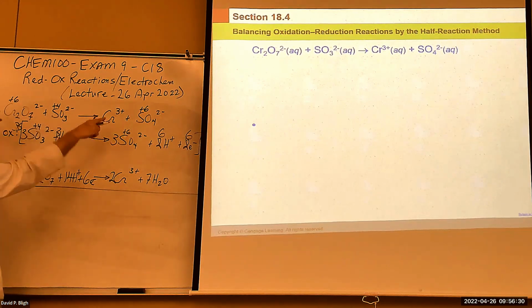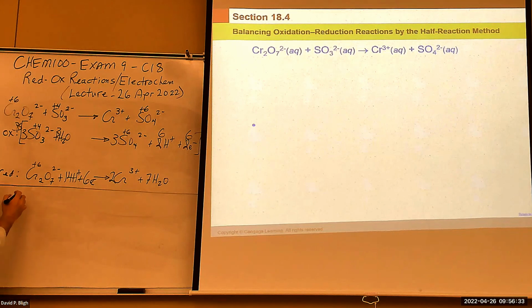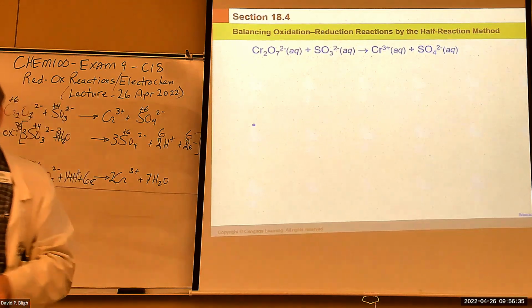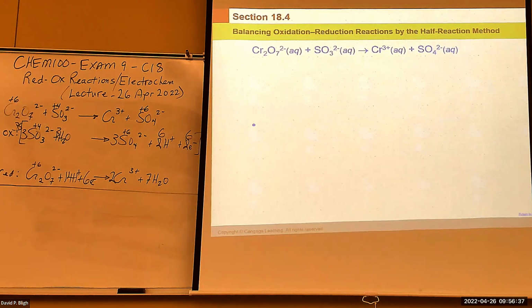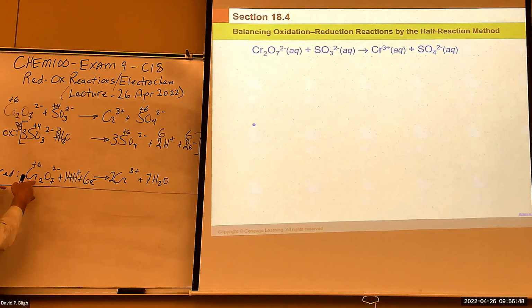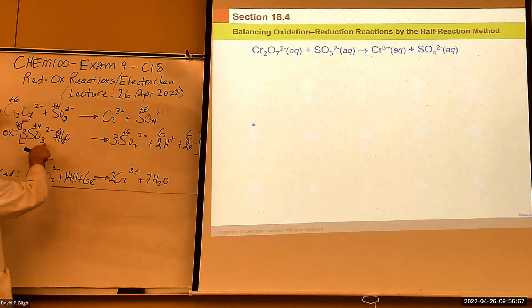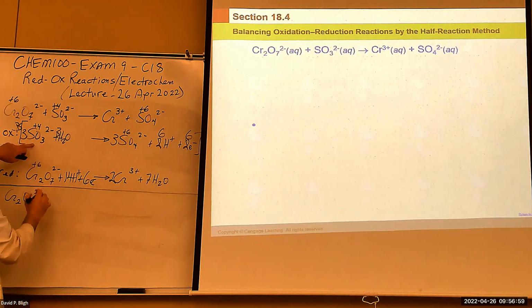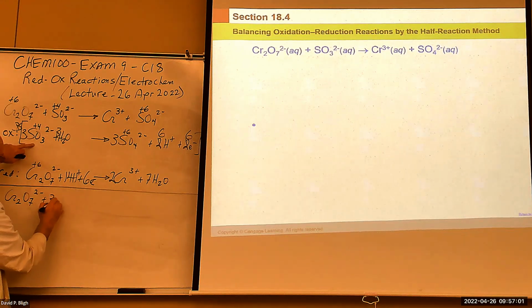So let's try to put them in the same order that we have them up here. So we'll put the dichromate first. I don't want to slide off the edge of my board and get chopped off, so I better move it over here. So I'm going to do dichromate first. And then I'm going to do sulfite, which is 3 of them.